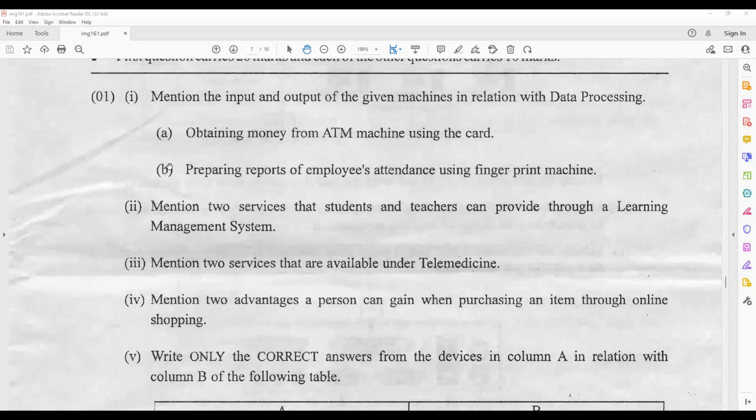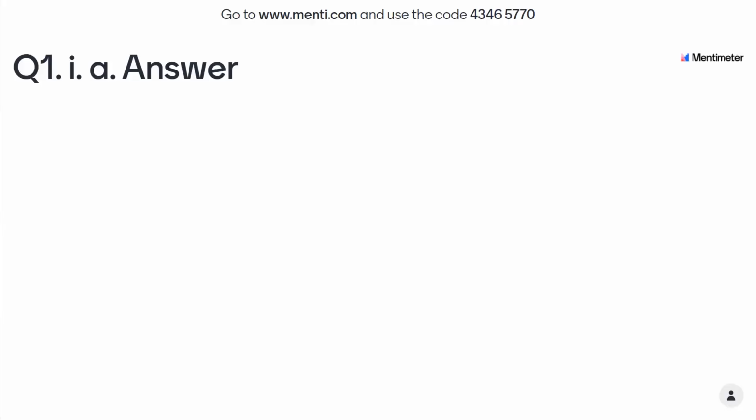I need to first do part A, then I will get the answer for part B. Go to menti.com, use the code 43465770 and type your answer for part A. Mention input and output. Obtain money from ATM machine using the card. So that's the question.